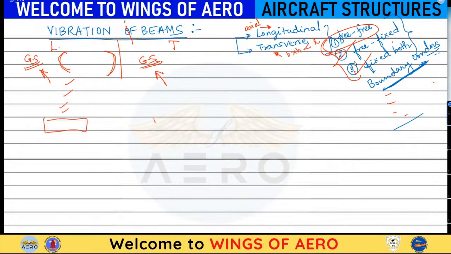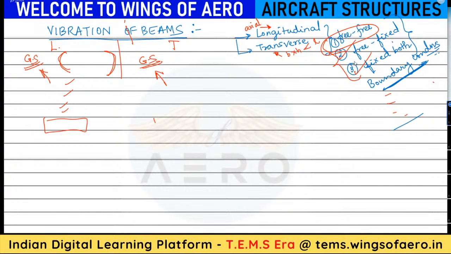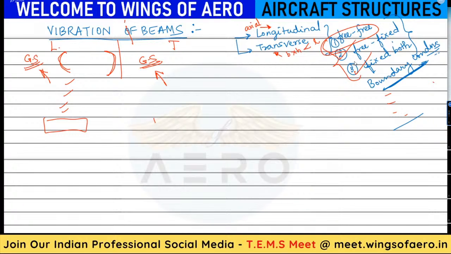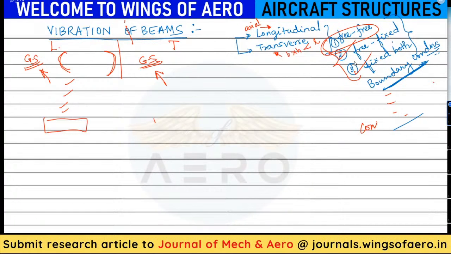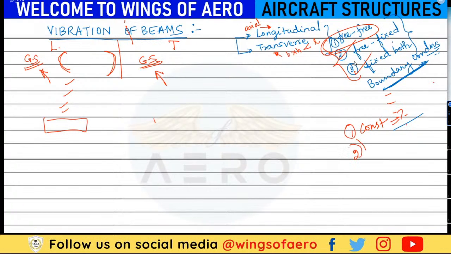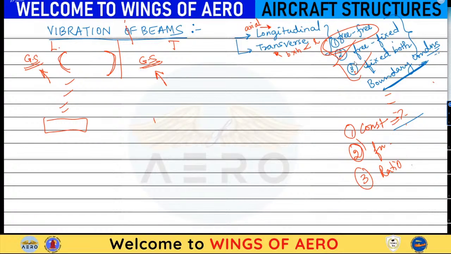So most of the time they give you the general solution, where A, B, C, D will be some constant terms. From that, you need to find the constant terms. Second, they can ask you what the frequency will be, and third, what the ratio of frequencies will be.